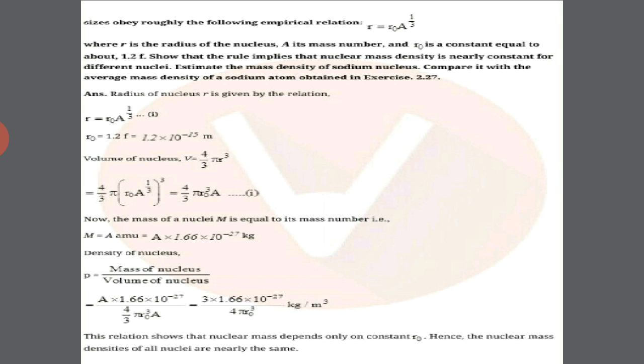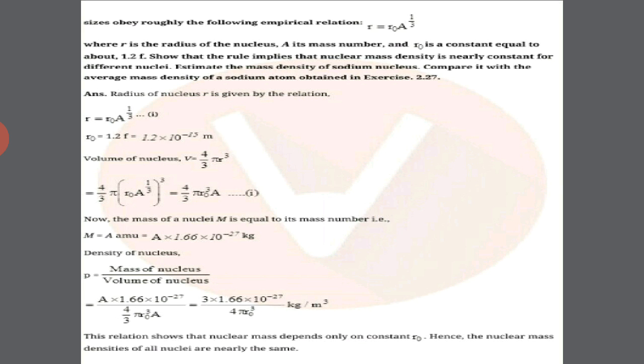Okay, let's put all the values. R is equal to R naught A to the power 1 by 3, R naught given there, volume 4 by 3 pi r cube. Put the values, find out the V. M is equal to mass number times AMU, atomic mass unit, and then the density of the nucleus. Put all the values and find out its density. This relation shows that the nuclear mass density depends only on the constant R naught.